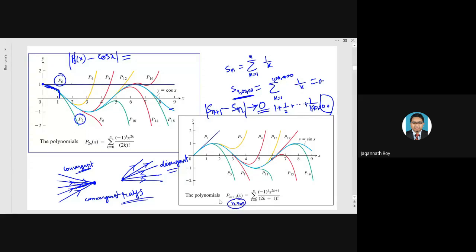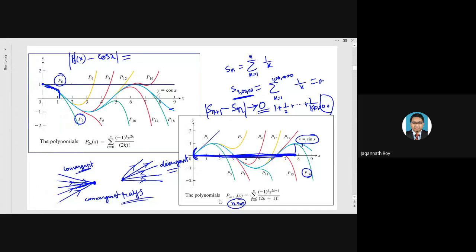Then what happens? For the given function f(x) equals sin x, the 19th order polynomial P19 is matching the values over this interval. So we are approximating sin x from 0 to almost 8, and we are getting the same values of the function.